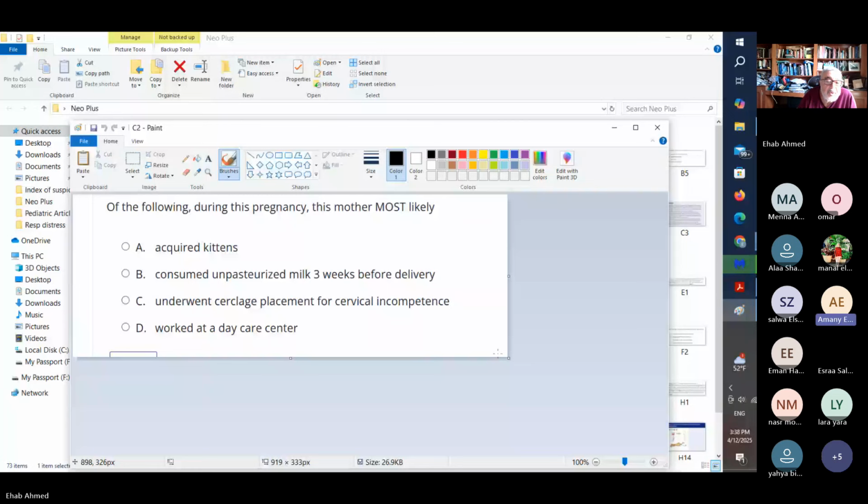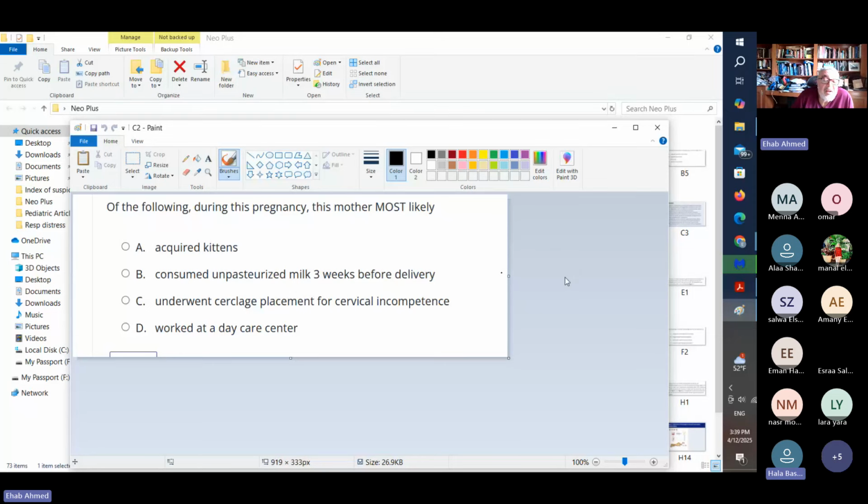Unpasteurized milk. Unpasteurized milk. Bravo, yes. Acquired kittens, when we are thinking of? Toxoplasma. Yes. Consumed unpasteurized milk 3 weeks before delivery? Yes, listeria. Underwent cerclage? What usually do you find when the mom has cerclage?